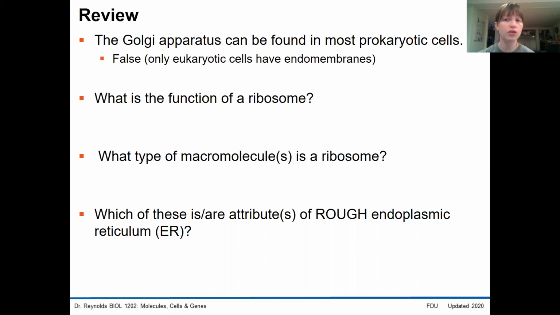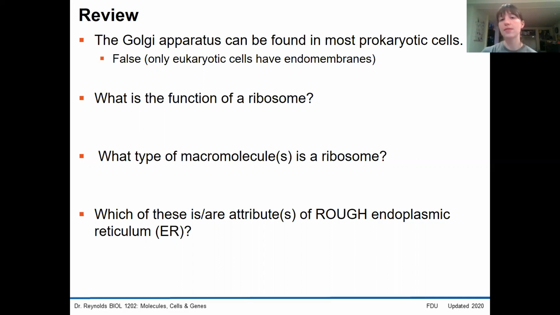And even though you're used to thinking of the fact that prokaryotes like bacteria have no nucleus, I want to make sure that I remind you that the Golgi is still composed of membranes. So prokaryotic cells have no internal endomembranes, and that's because they're prokaryotic. So the Golgi is not found in bacteria or other prokaryotic cells.